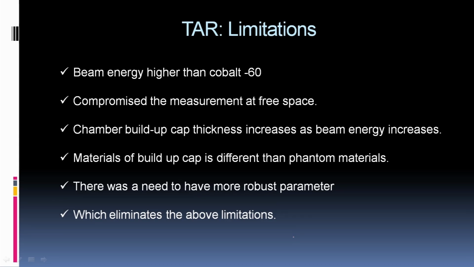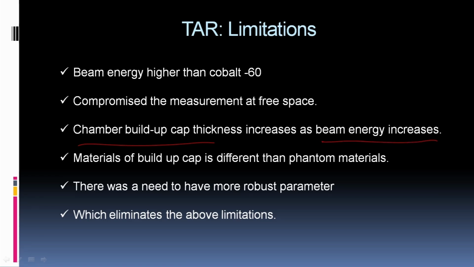Now the limitations of the TAR. If we use a beam energy higher than cobalt 60, there is a compromise in the measurement at free space, because we need a very thick chamber build-up cap as beam energy increases.